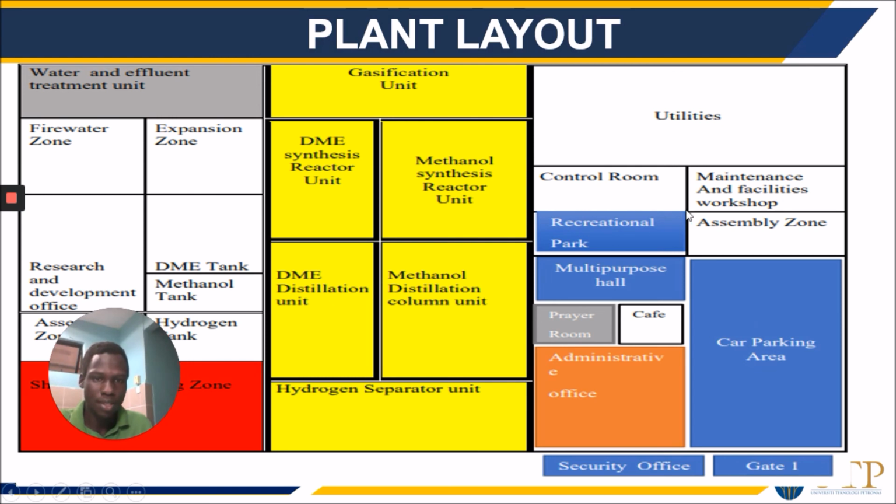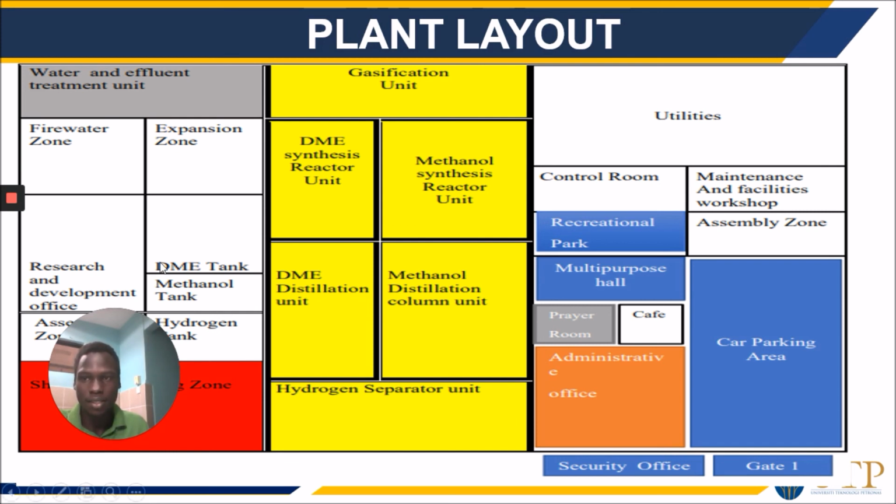The non-process area in this figure would include the recreational park, multi-purpose hall, the car parking area, administrative office, prayer room, and cafe. They are located far away from the process areas to reduce the consequences of accidents that might occur. Next is the low hazard process area.